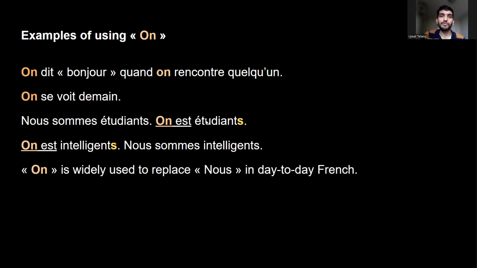So this is plural, right? So on est étudiant. We don't say the s, but we do add it. On est intelligent. We're intelligent. Nous sommes intelligents. We're intelligent. Of course we are. So on is widely used to replace nous in day-to-day French. Okay, as I already mentioned.